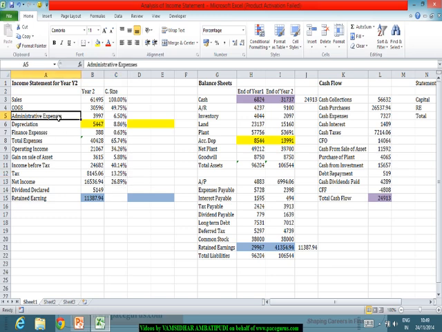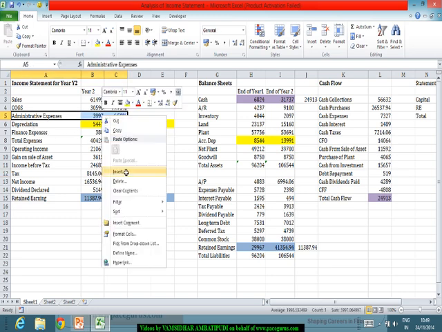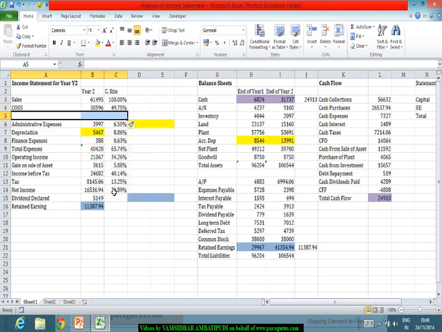Or if I want, I could very well include the gross profit, simply saying the sales minus the cost of goods sold. So this is my gross profit, and here also it gets computed as 50.25%, right?